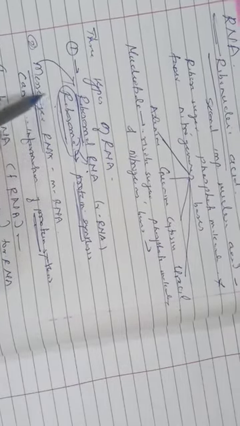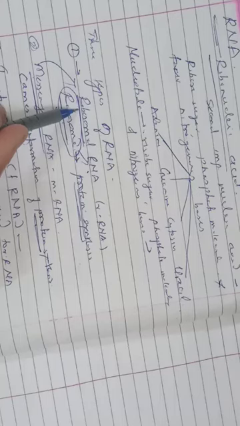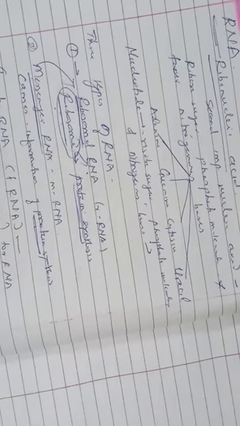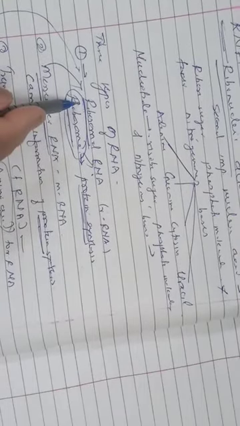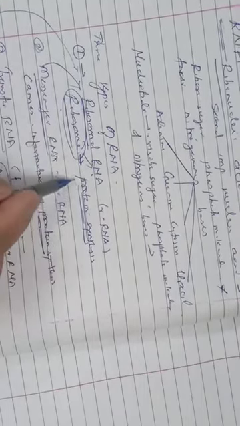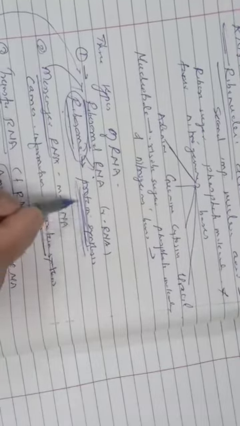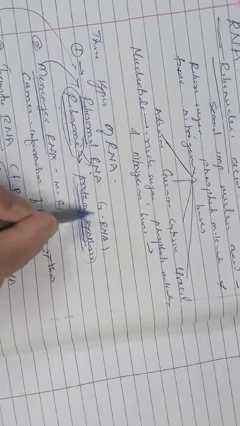When messenger RNA carries the message and gives it to the ribosomal RNA, after that transfer RNA starts working. This transfer RNA carries amino acids and gives them to the ribosomal RNA. From these amino acids, ribosomal RNA synthesizes the protein, and then this protein is used in our body wherever it is required.